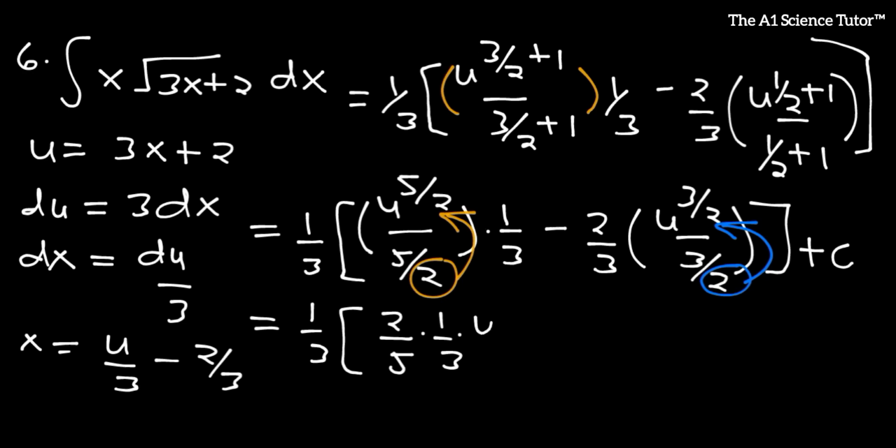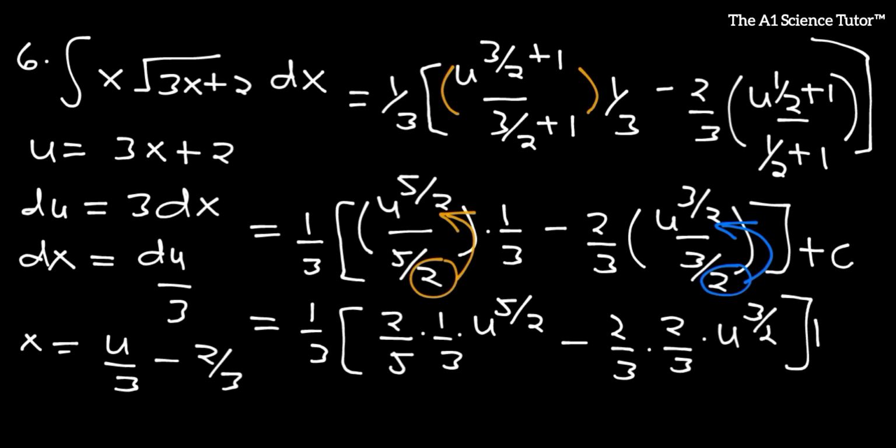And this will be multiplied by u raised to the power of 5 over 2. This is minus, you got 2 over 3 multiplied by another 2 over 3. That is this 2 going up, and then here we have u raised to the power of 3 halves. And this is plus c.